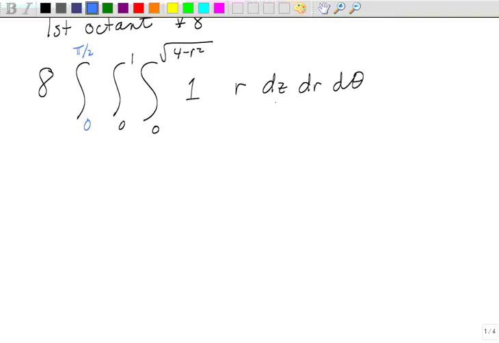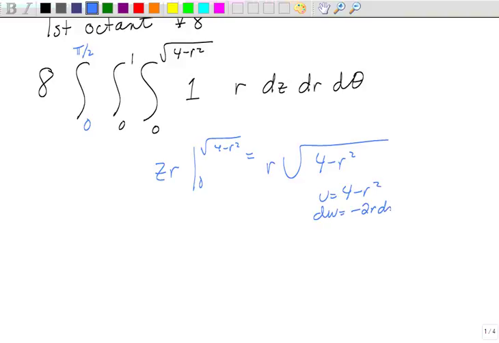So when we integrate that with respect to z, we get zr and then u, so we have a minus a half out in front. I'm going to change my limits of integration, so instead of going from 0 to that, or 0 to 1, I'm going to go from 4 to 3.